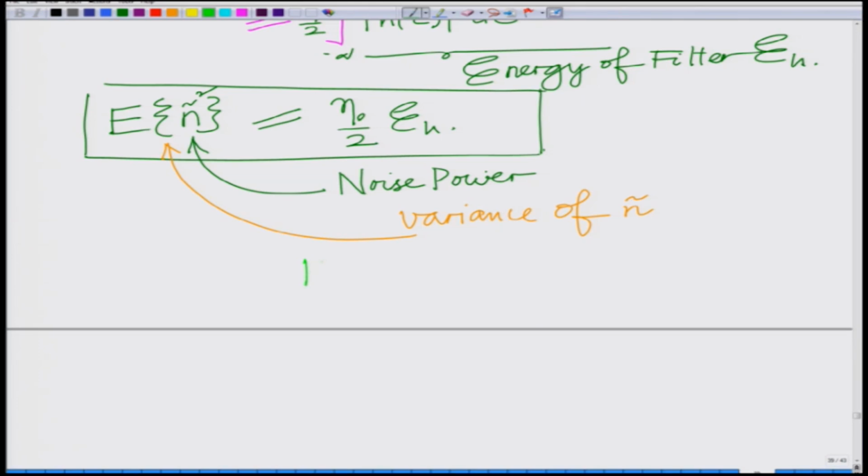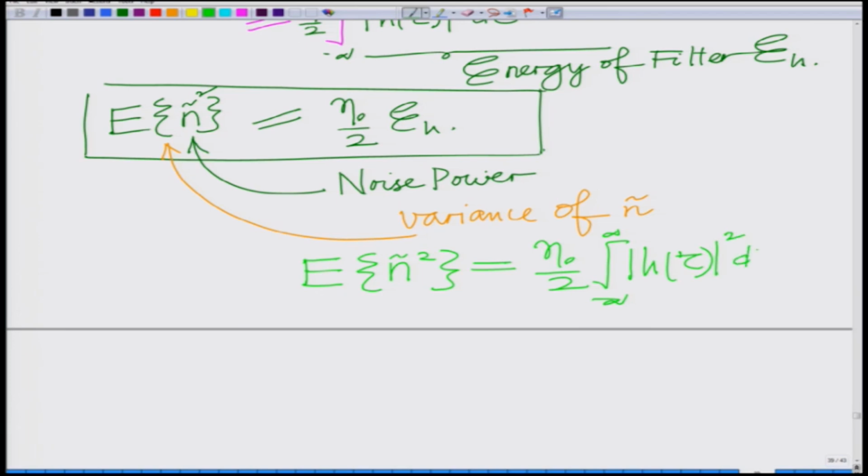Therefore, the noise power at the output is simply eta naught by 2 integral from minus infinity to infinity magnitude h tau square d tau, or magnitude h t square dt, because tau or t is simply a variable of integration, it does not really matter.